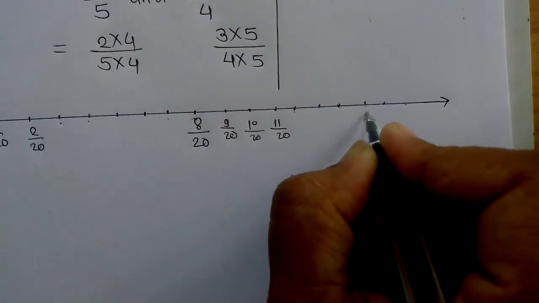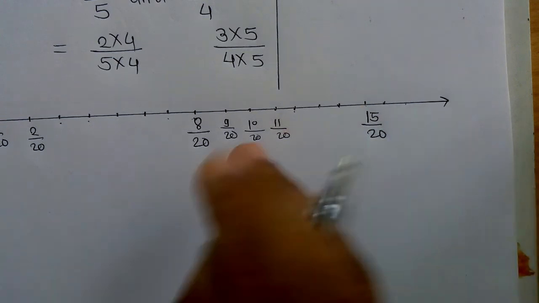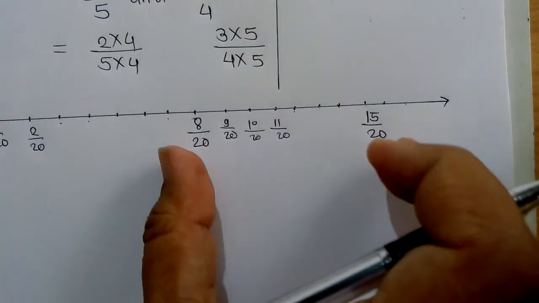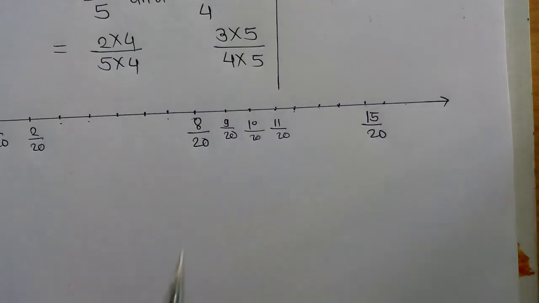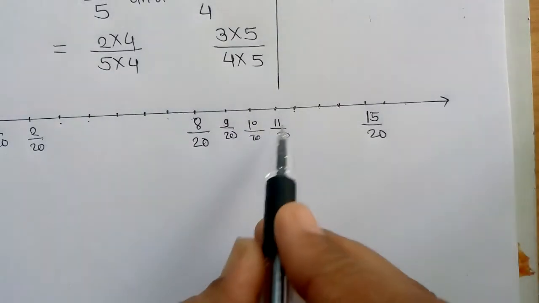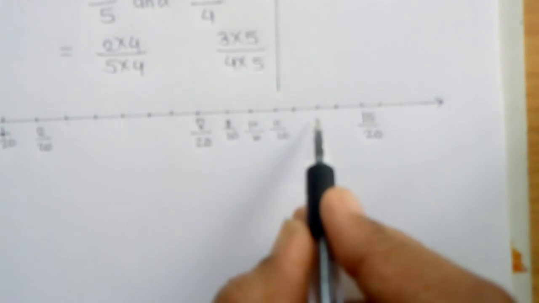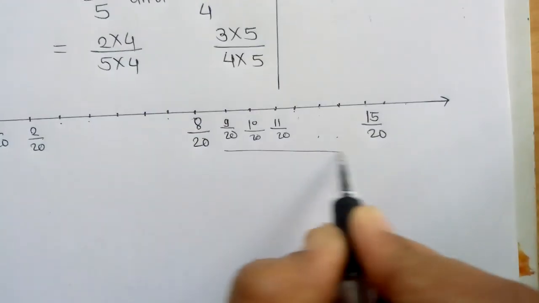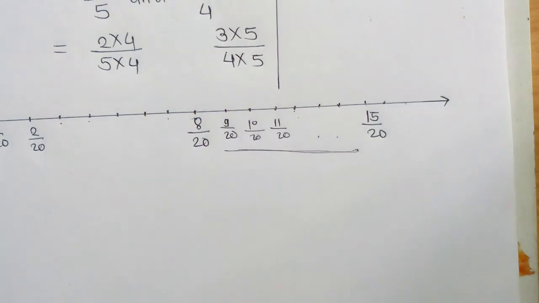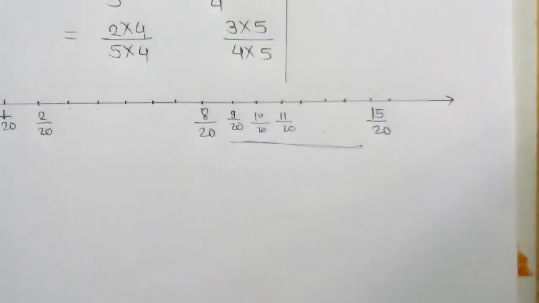In the same way we can go, and here it will be 15/20. So all these in the middle are fractions between 8/20 and 15/20. And which are those fractions? 9/20, 10/20, 11/20, 12/20, 13/20, 14/20. All these in the middle are between 8/20 and 15/20. In the same way we can find rational numbers between any two given rational numbers.